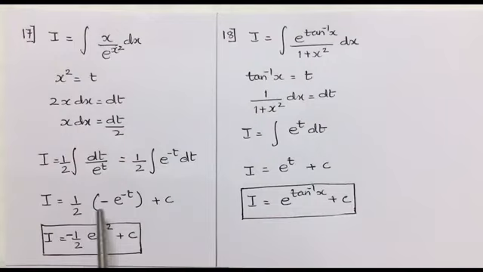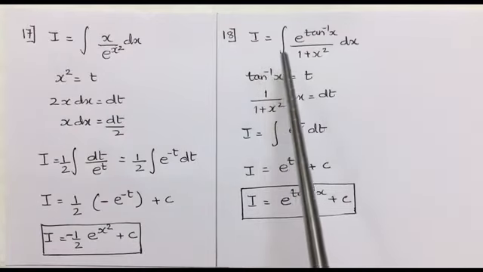So it becomes half minus e raised to minus t plus c. Now keeping the value of t as x square, we will get minus half e raised to minus x square plus c, and that can be written as 1 upon e raised to x square plus c.